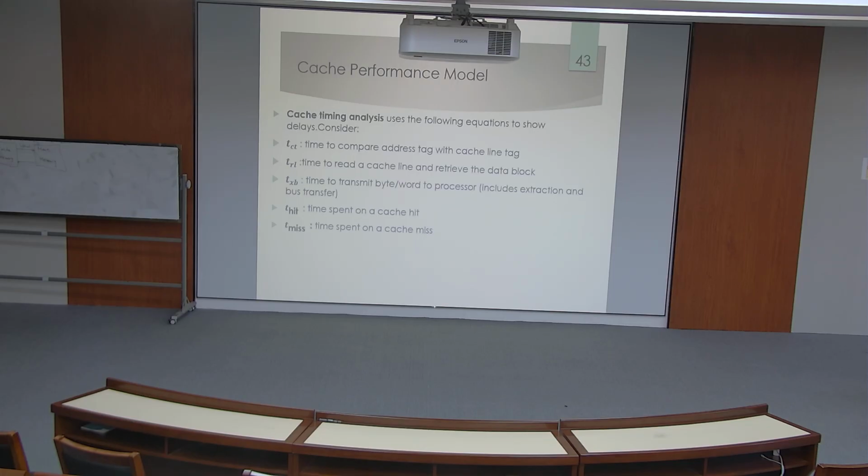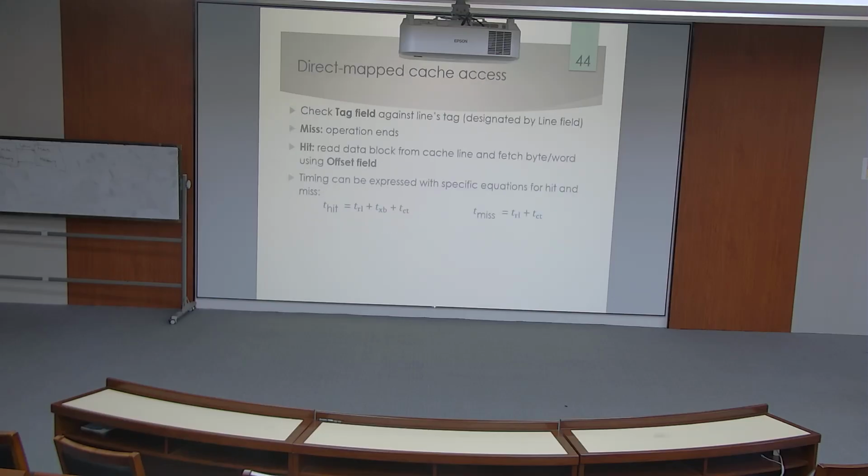So we need this time for the system to transmit the data to the central processing unit. So we needed to calculate how long it takes the system to retrieve the data when it is in the cache memory. Or if it's not present in the cache memory, on a cache miss, what is the time the system spends on retrieving the data when it's not in the cache memory? It all depends on the cache memory mapping techniques.